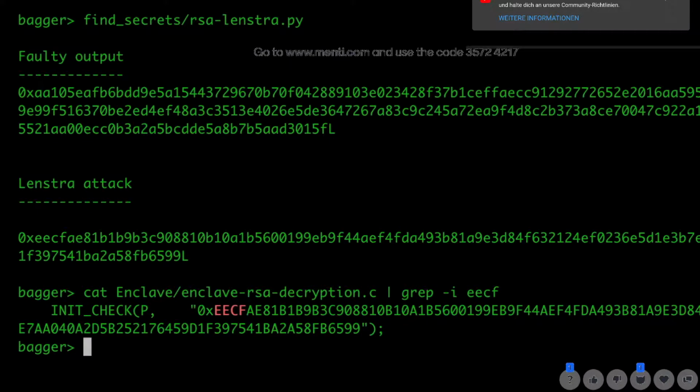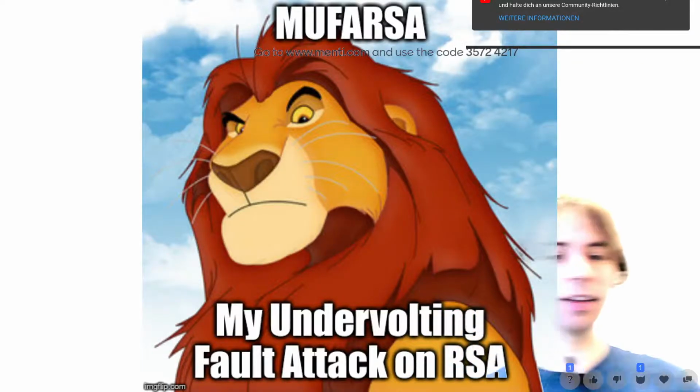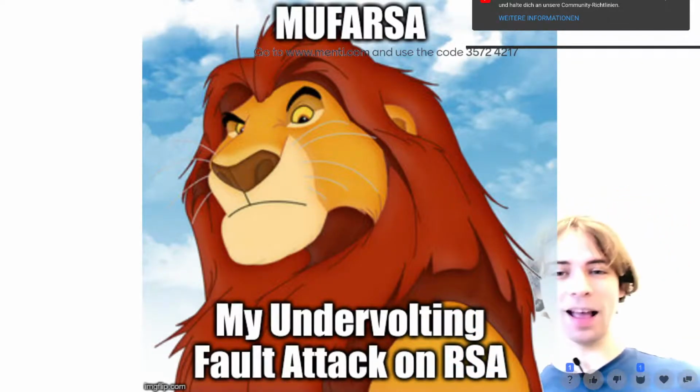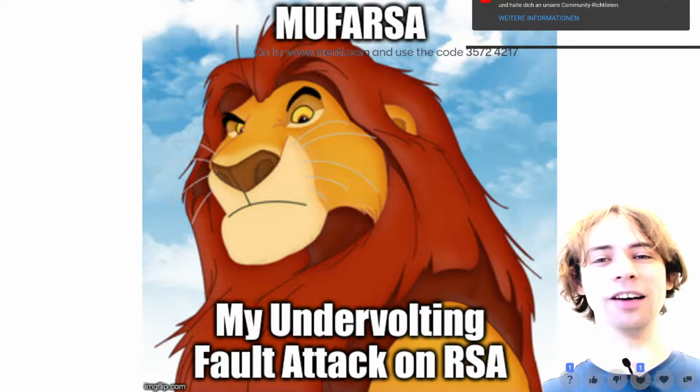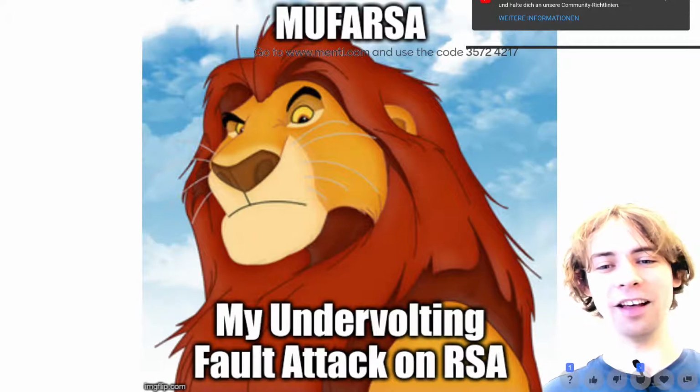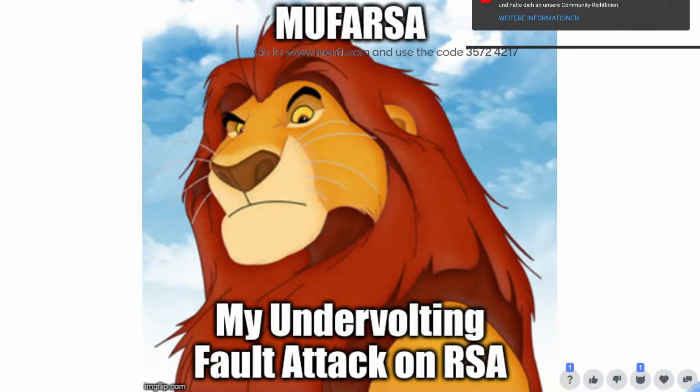And of course, then you can recover Q as well, because that's again just the greatest common divisor algorithm. And this, of course, is my undervolting fault attack on RSA. We call this Mufasa. Okay, or maybe not.